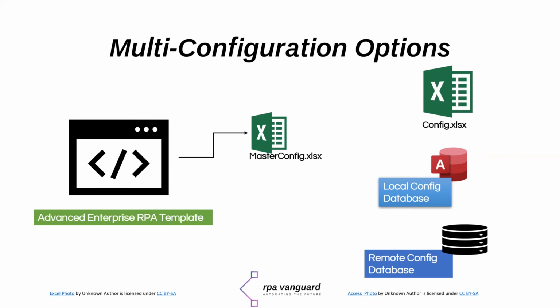And these configuration sources can either be a remote enterprise database, a local MS Access database, or the traditional configuration Excel file. Therefore, the template continues to support the original functionality of using the configuration Excel file despite the enhancements.